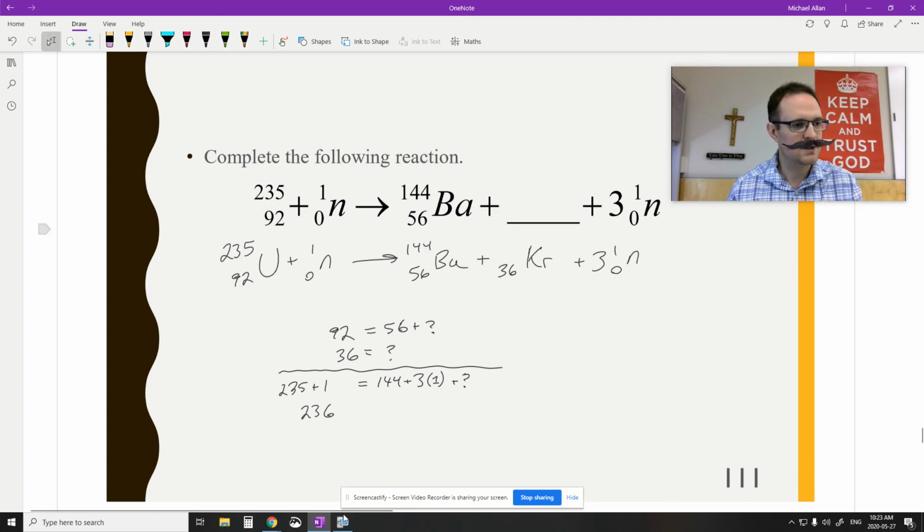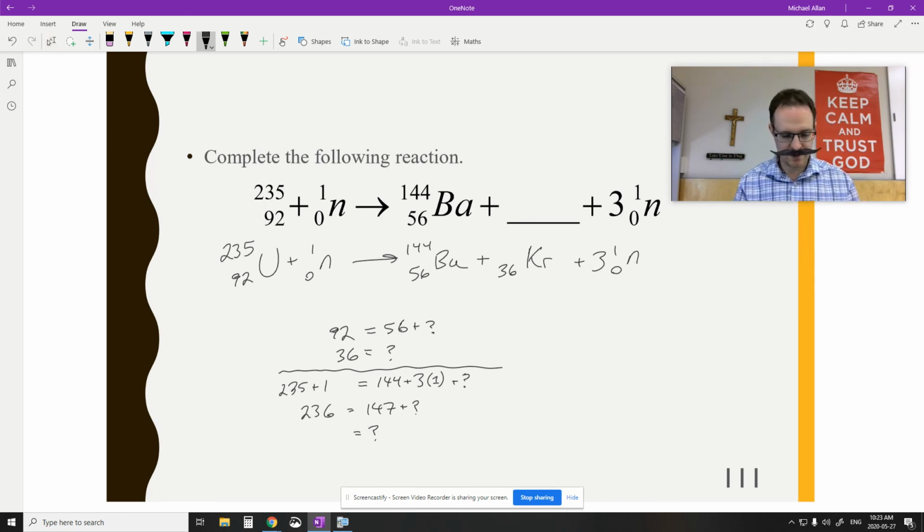So at 236, this is going to be 147 plus a question mark. That's 144 plus 3. And then I'm going to subtract from the 147. And we're going to get our isotope number of 89. So this is krypton-89.